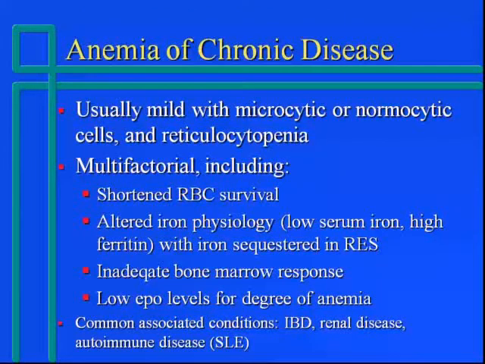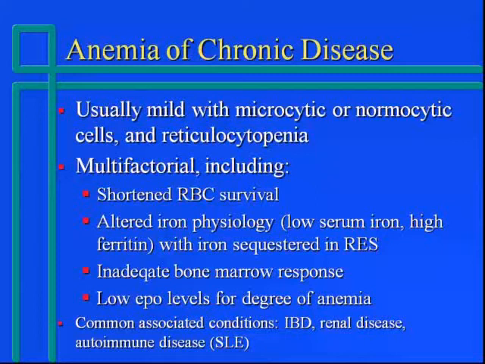Anemia of chronic disease deserves some mention here. This is a little bit of a wastebasket diagnosis. It is usually a mild condition with either microcytic or normocytic red blood cells and reticulocytopenia.